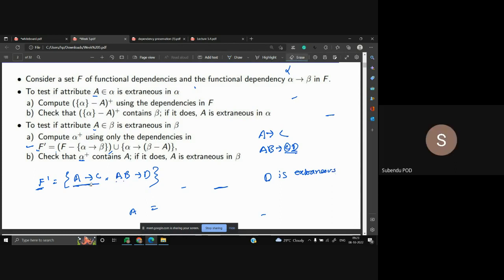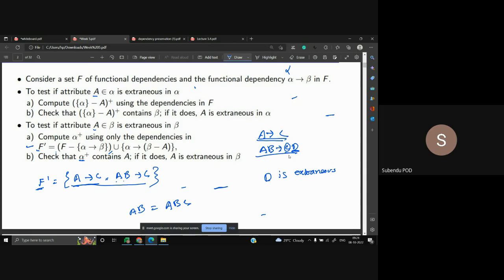First, whatever the functional dependency given, A determines C, AB determines CD, you have to remove the D part. So F dash will be AB determines C. Now we have to find the AB closure with the help of this functional dependency. What will we get? Only ABC. We do not get D, so that's why D is not an extraneous attribute. Got it.